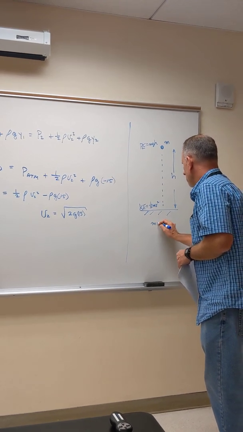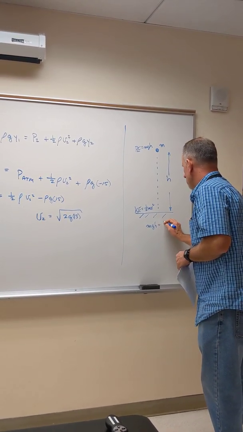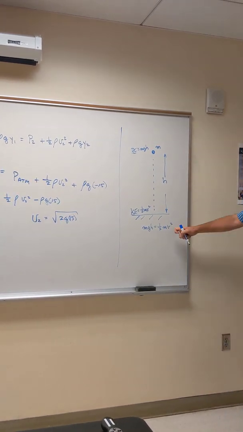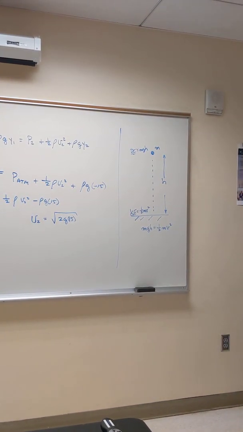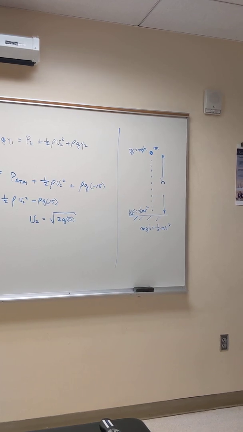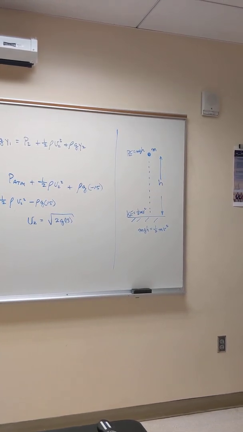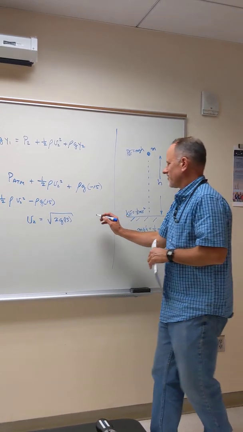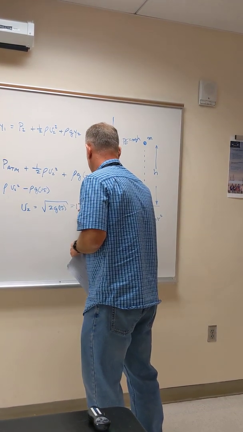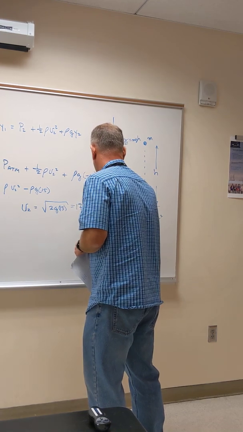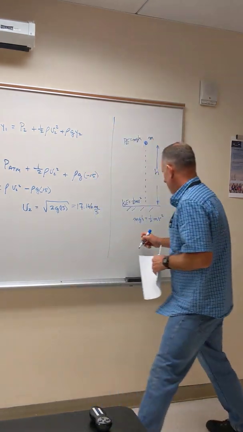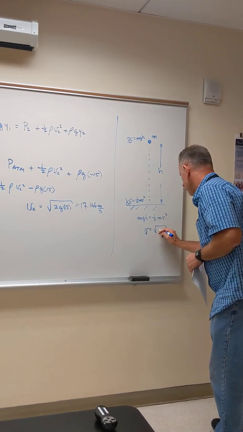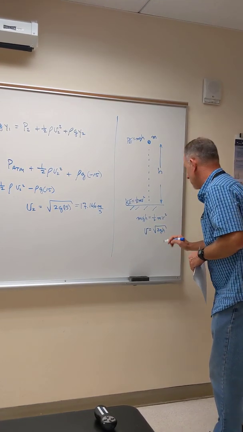So mgh equals 1/2 mv squared. Solve for v. What do I get? Here, I get v equals square root of 2gh.